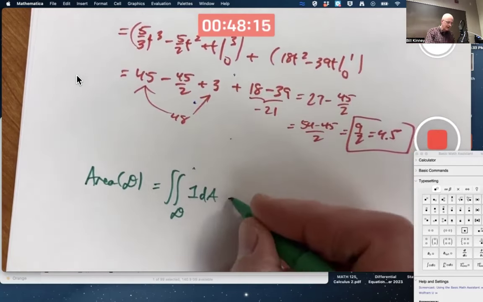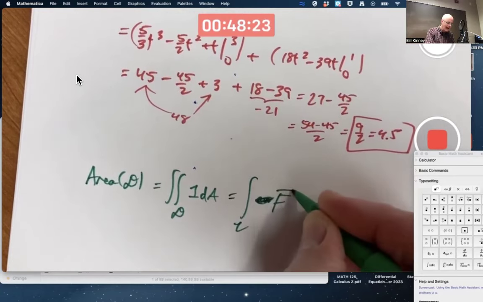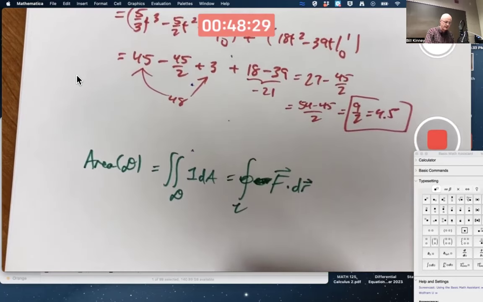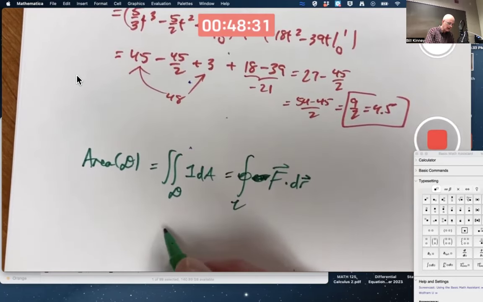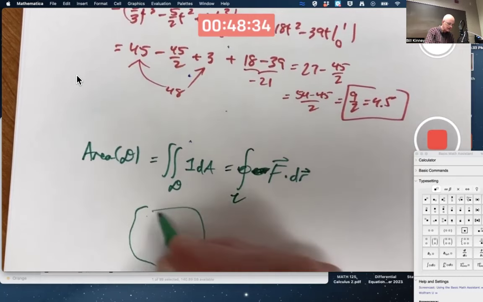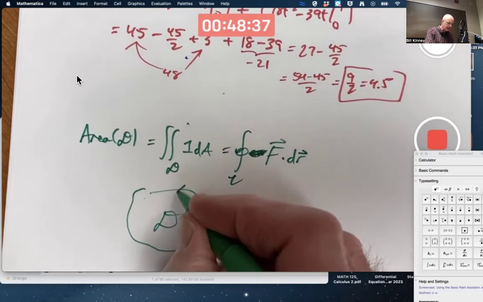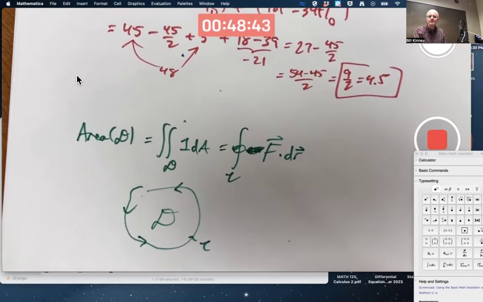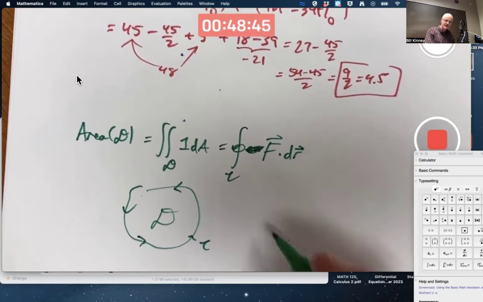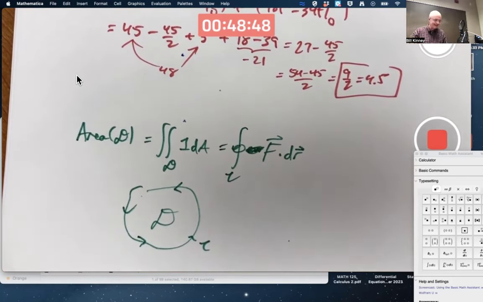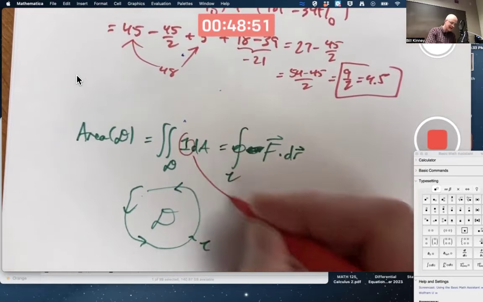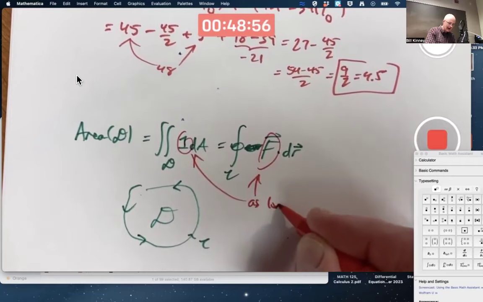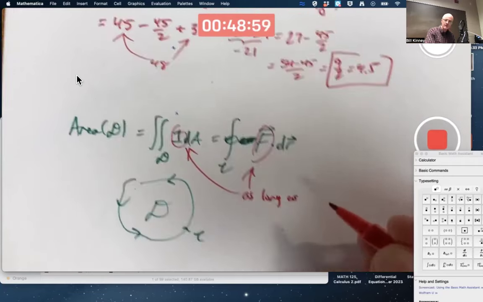So the area is the double integral, and by Green's theorem, that's a line integral of a vector field around C, where C is oriented counterclockwise. That is important. So you've got a region D, and you're trying to find its area. You can parameterize its boundary counterclockwise. That'll be the C. And this will be true as long as, what am I missing from Green's theorem here?